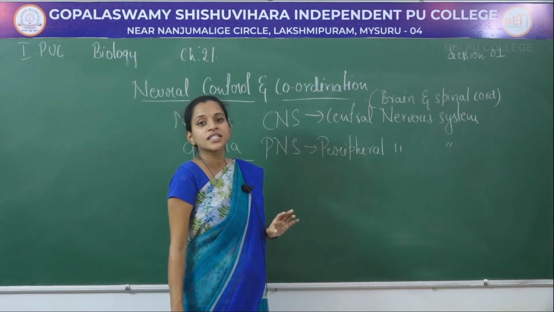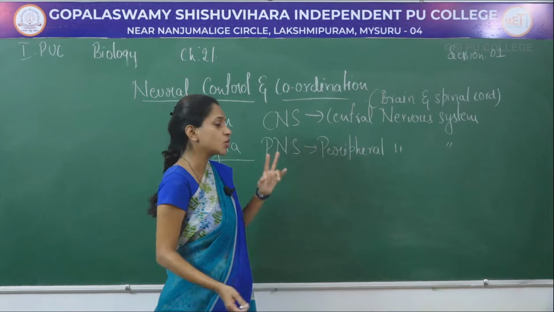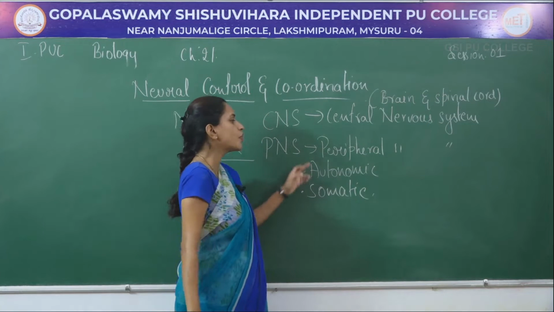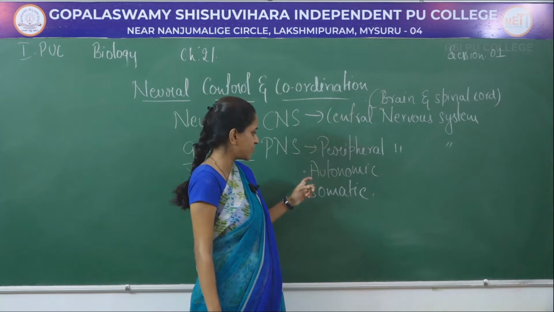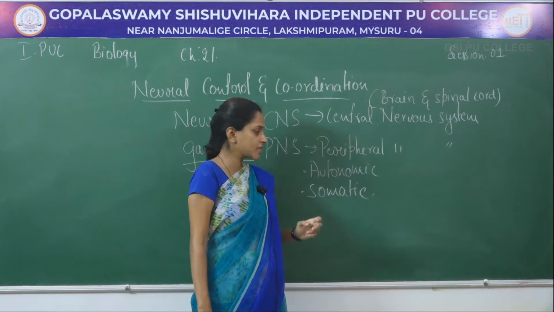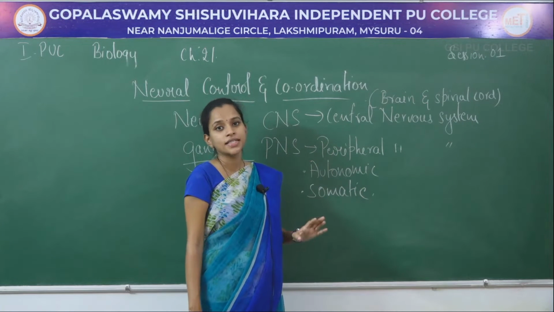This peripheral nervous system is further classified into two different types: the autonomic nervous system and the somatic nervous system.